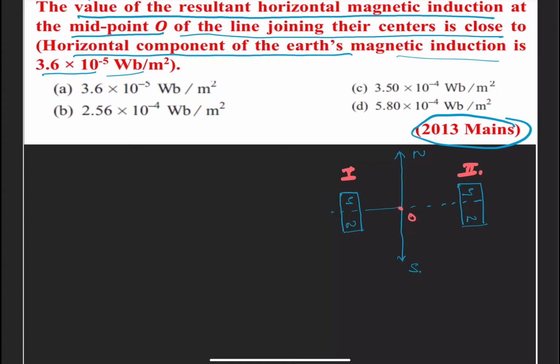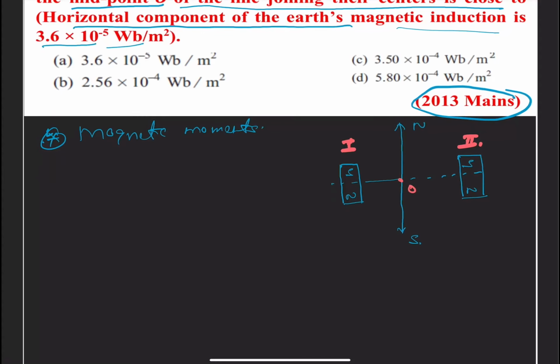So we can write that the magnetic moment which is given to us for the first, let us call that M1. So M1 is 1.2, and we have M2 for the second magnet, and that is 1.